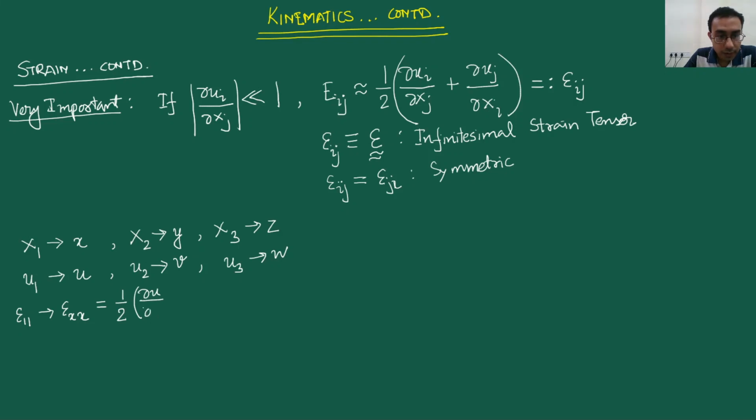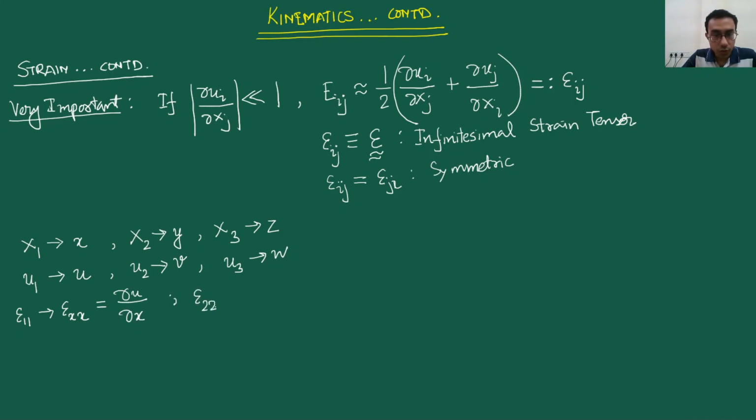del u del x. We don't even have to use a bracket, so we can remove this. We also don't need the half, because what we are basically having here is half del u1 del x1 plus del u1 del x1, so that is just del u1 del x1, and that is nothing but del u del x. So this is simply del u del x.